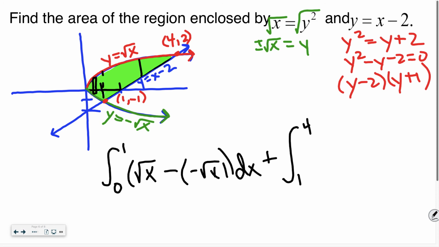And these rectangles, notice how the top is still on the red function radical x, but now we have to subtract out the blue function x minus 2. Now this is one that we could integrate by hand. But I will let you math 9 this to get the answer.